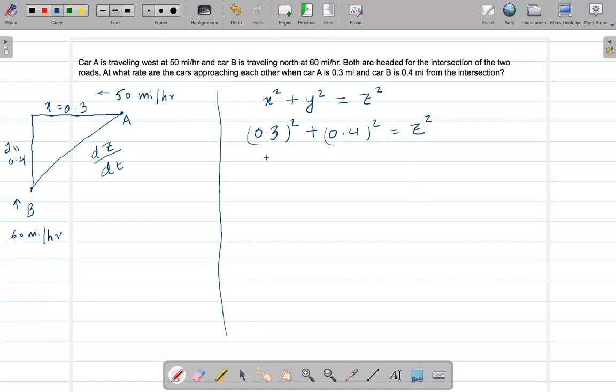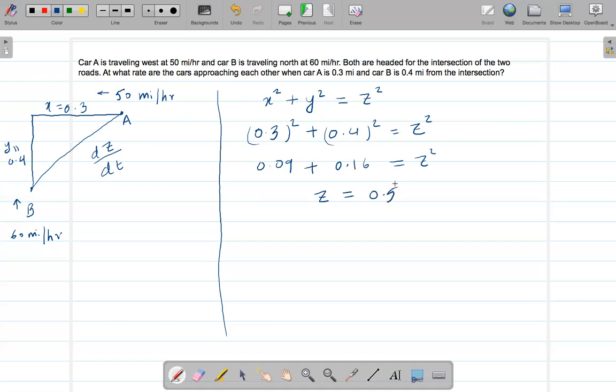From here we get 0.09 plus 0.16 equals z squared. Taking the square root, we get z equals 0.5.